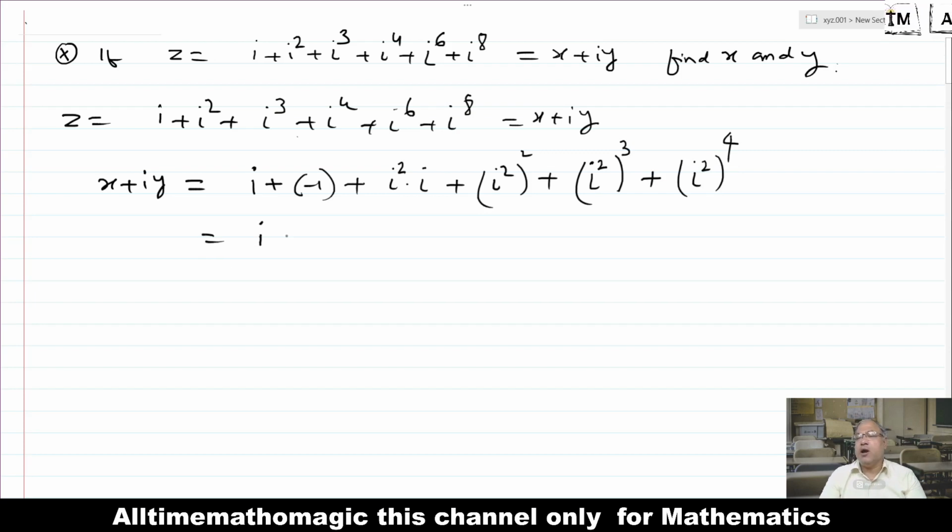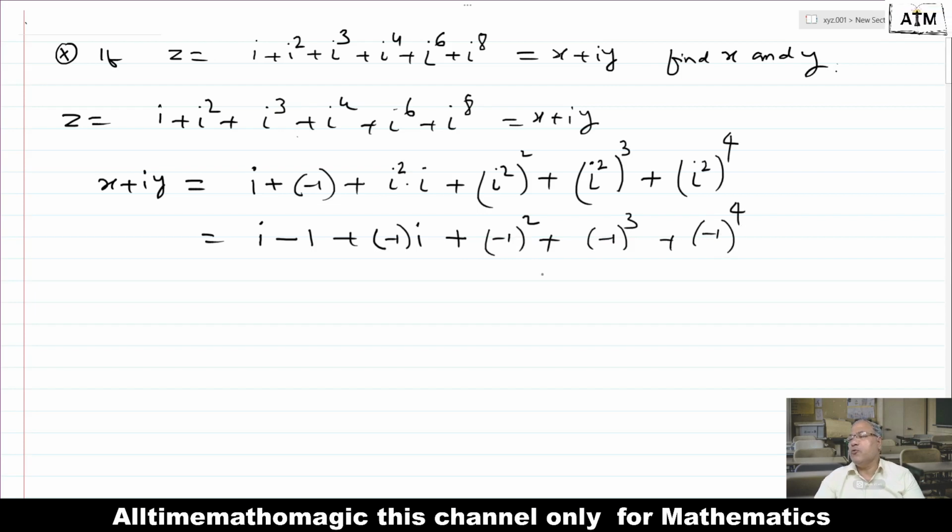That is equals to i minus 1 plus i square is minus 1 into i plus minus 1 whole square minus 1 whole cube plus minus 1 raised to 4.